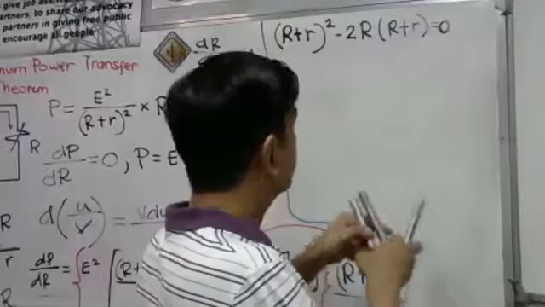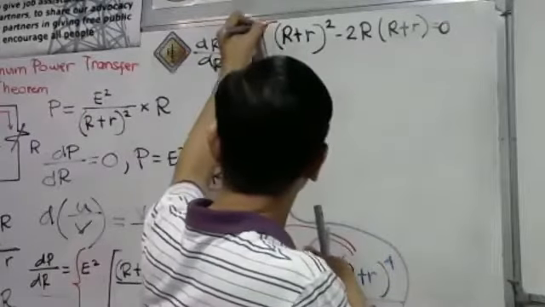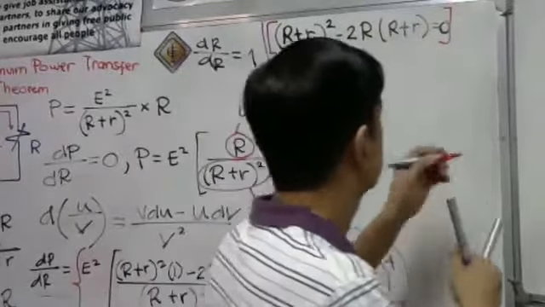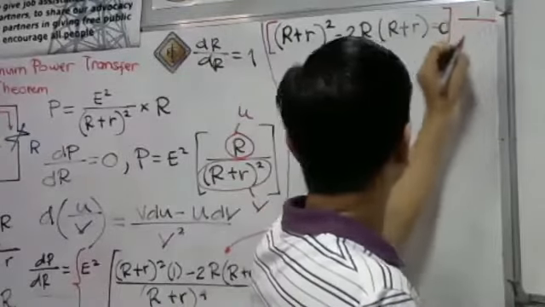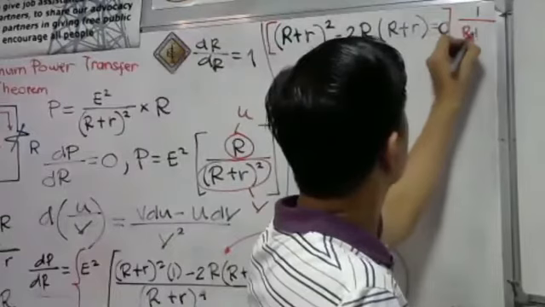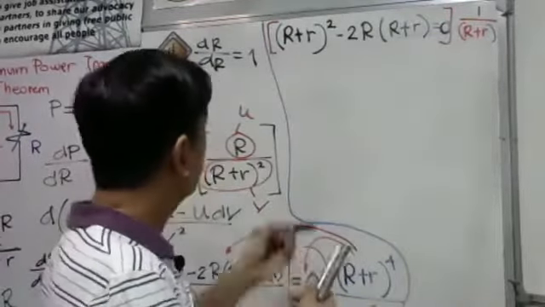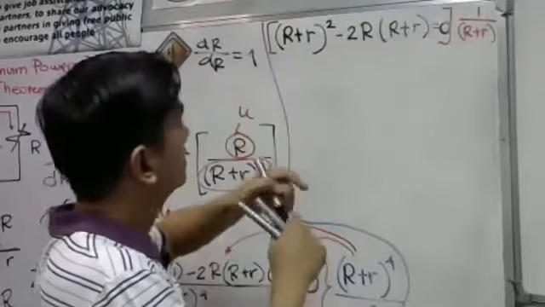Then let us divide both sides, or multiply both sides, by 1 over big R plus small r. What will be left is this, by algebra.